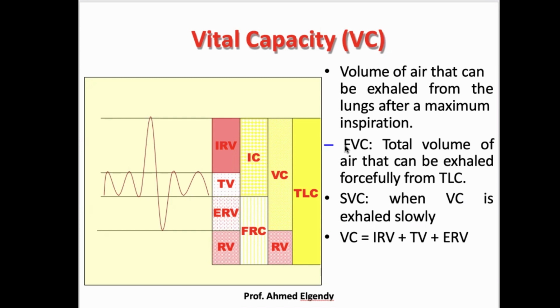There is an FVC, forced vital capacity, because you will see this term. What is FVC? Total volume of air that can be exhaled forcefully. That is called the forced vital capacity. And another one is the SVC, slow vital capacity, when the vital capacity is exhaled slowly.